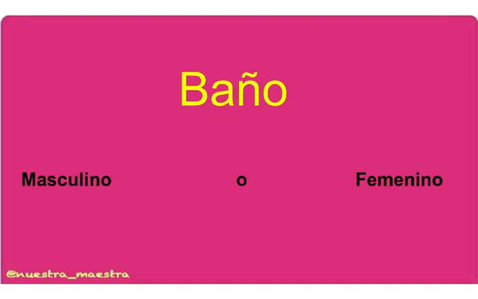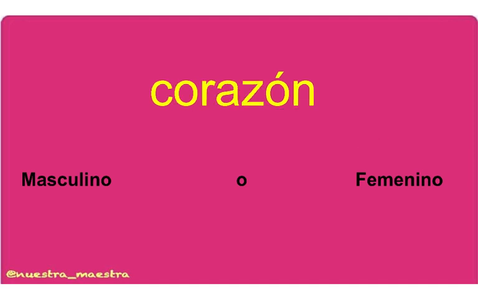Baño ends in O, not on the list of exceptions. La palabra baño should be under your list of masculino. Televisión ending in sión, S-I-O-N, femenino. Corazón, no S-I-O-N, pero ending in O-N, masculino.